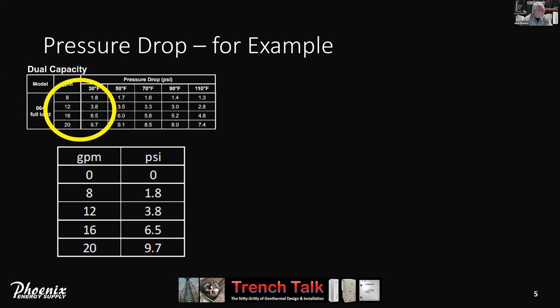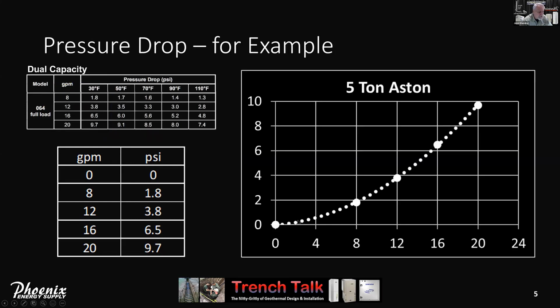And then we're going to take this table of different flow rates, different pressure drops. We're also going to add one that is, if you have no flow, you will not have any pressure drop. And from this data, you can see the relationship between flow rate and pressure drop.